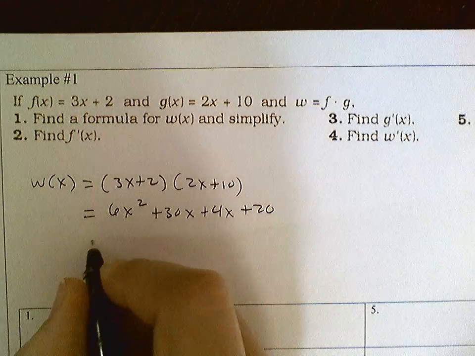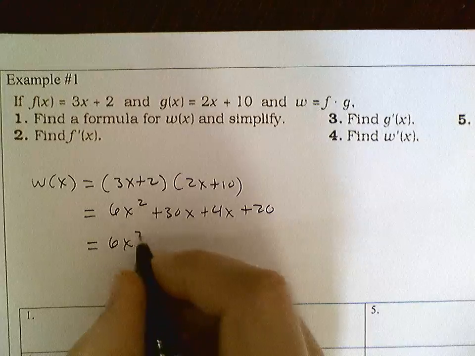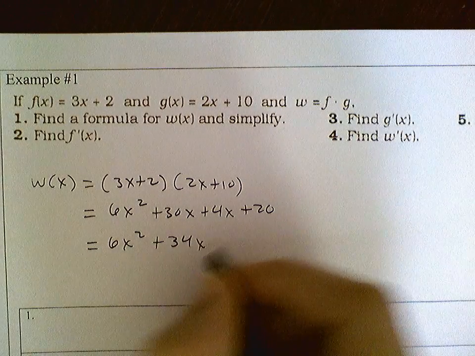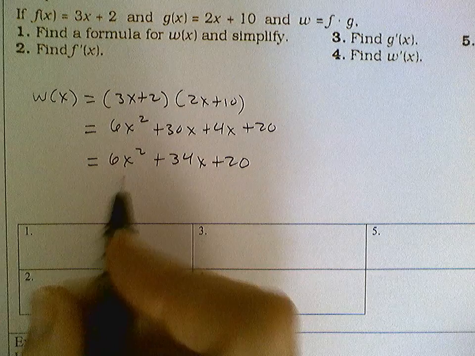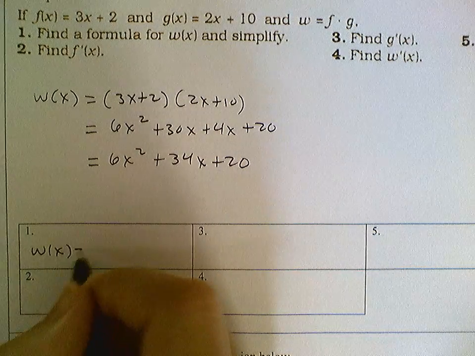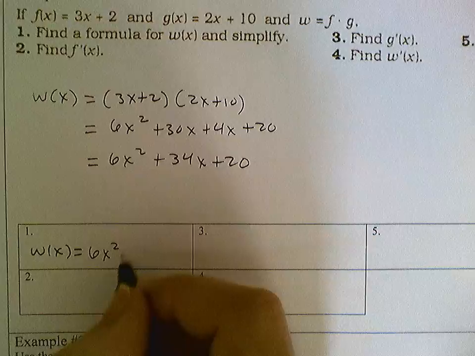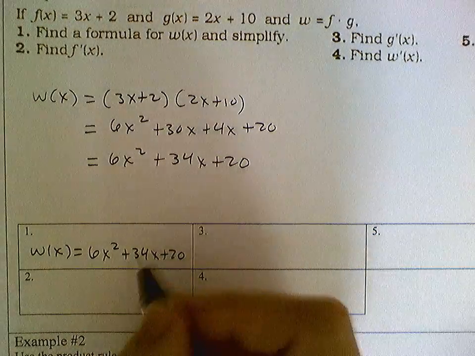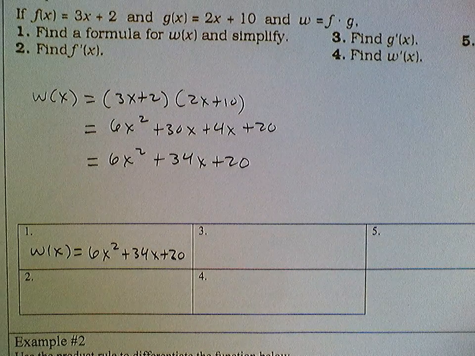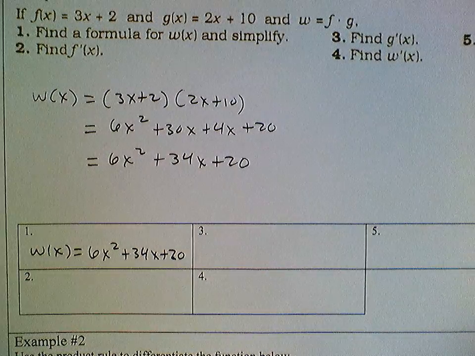Combining like terms, I get 6x squared plus 34x plus 20. So for number 1, w of x is 6x squared plus 34x plus 20.